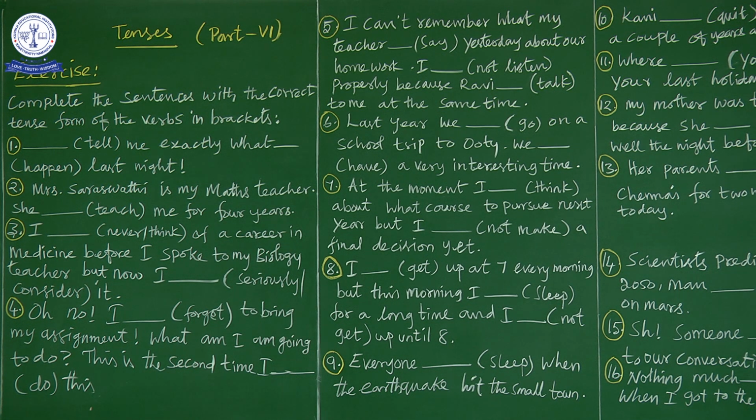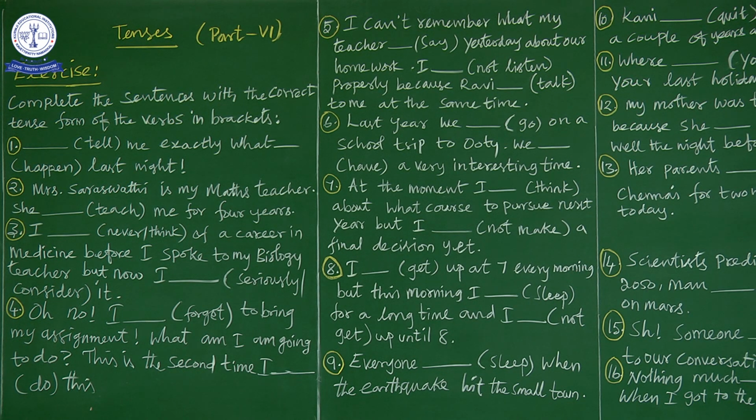Subject plus had plus V3. Now, I had never. So what is the past participle of think? Thought. Think, thought, thought. So I had never thought of a career in medicine before I spoke to my biology teacher.